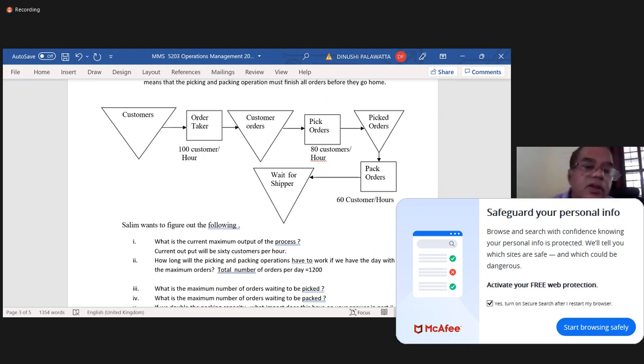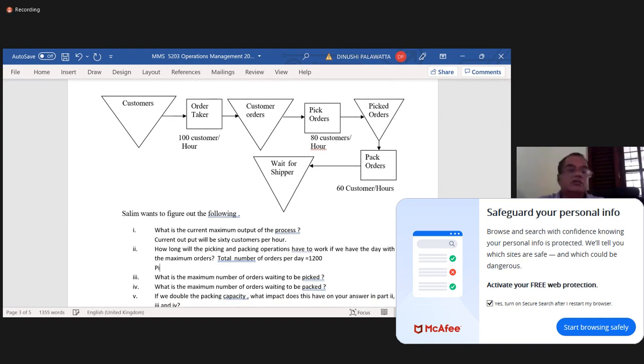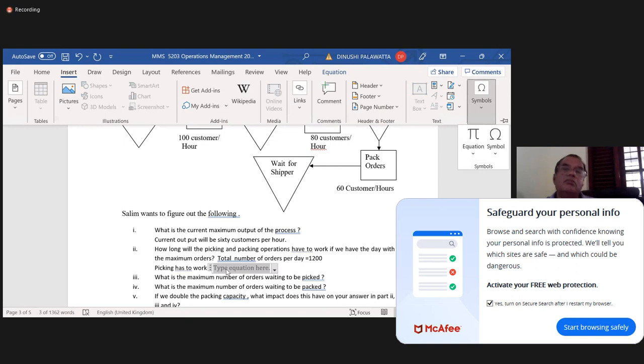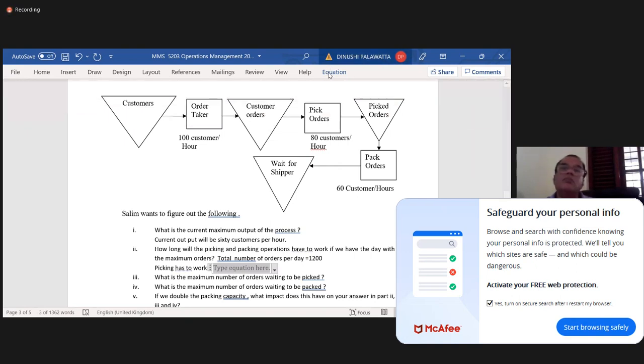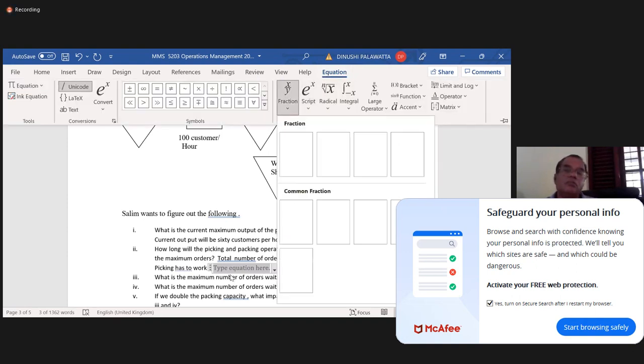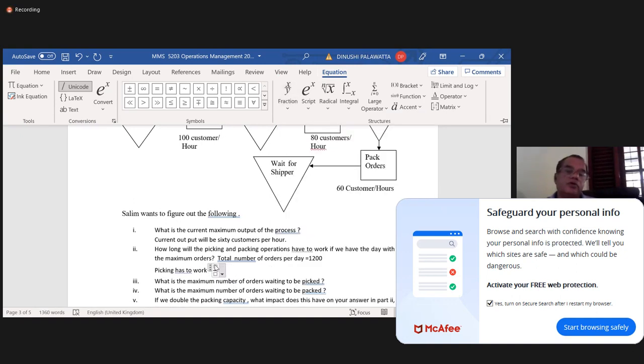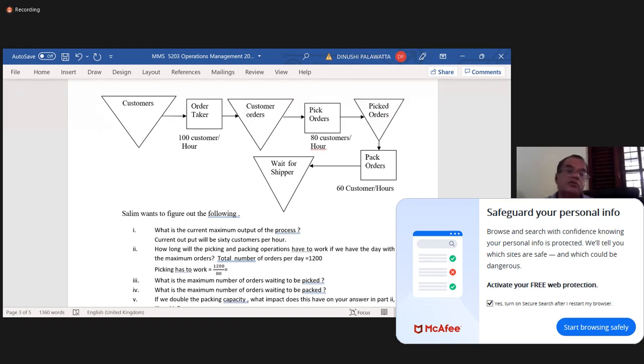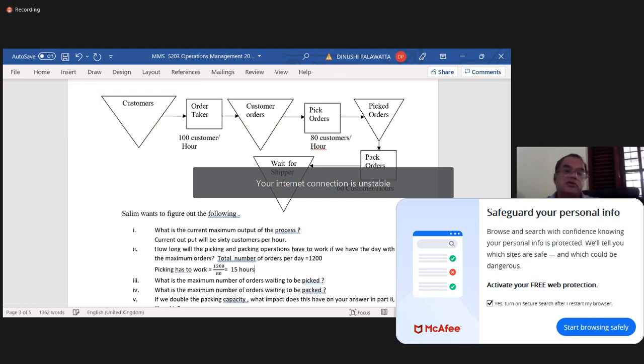And now picking operation. Picking has to work, so this means 15 hours a day.